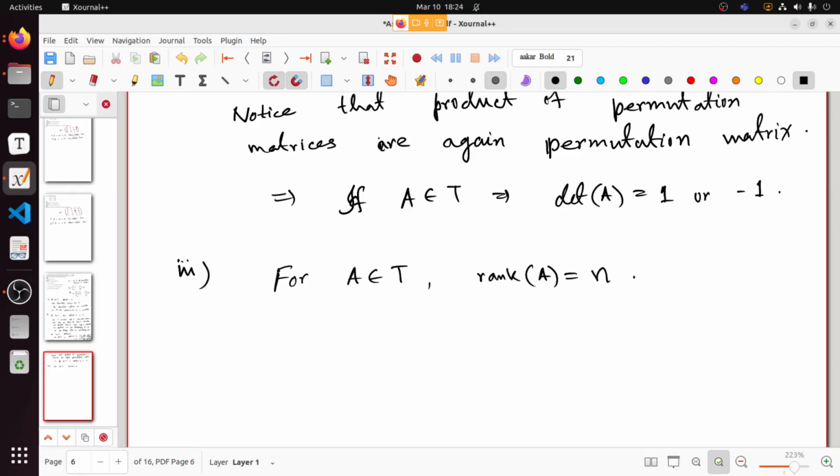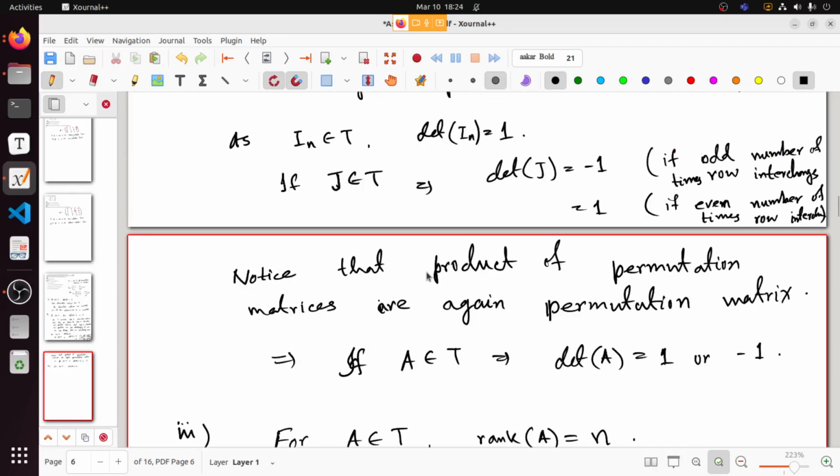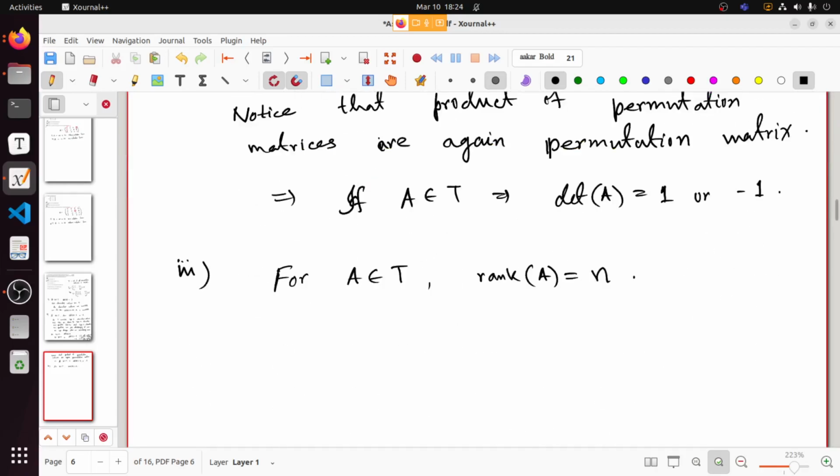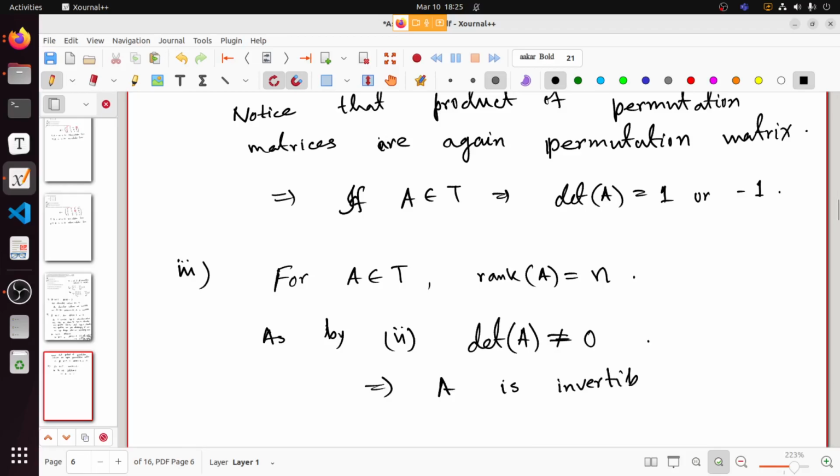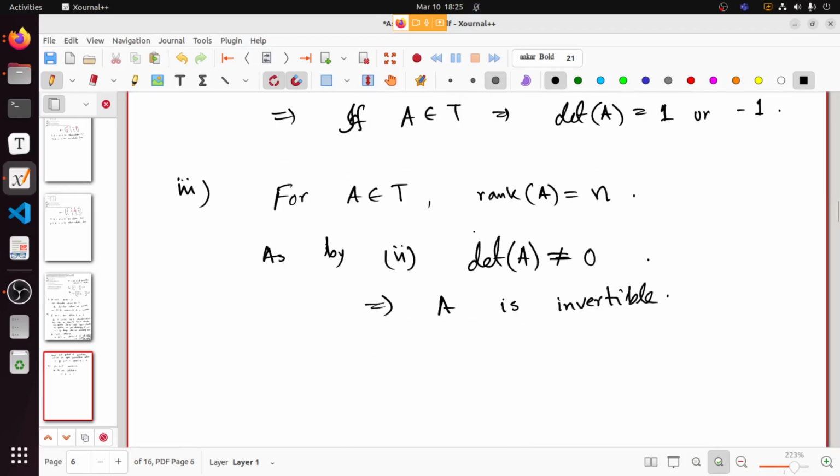We have seen earlier in the second question that by 2, the determinant of A is non-zero, right? Because it's plus 1 or minus 1. So which implies A is invertible, so it has nullity 0. So by rank-nullity, its rank is n.